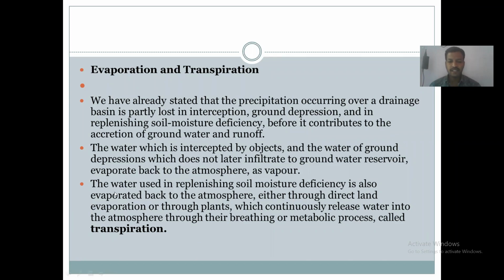Water used in replenishing soil moisture deficiency is also evaporated back to the atmosphere, from the water level.